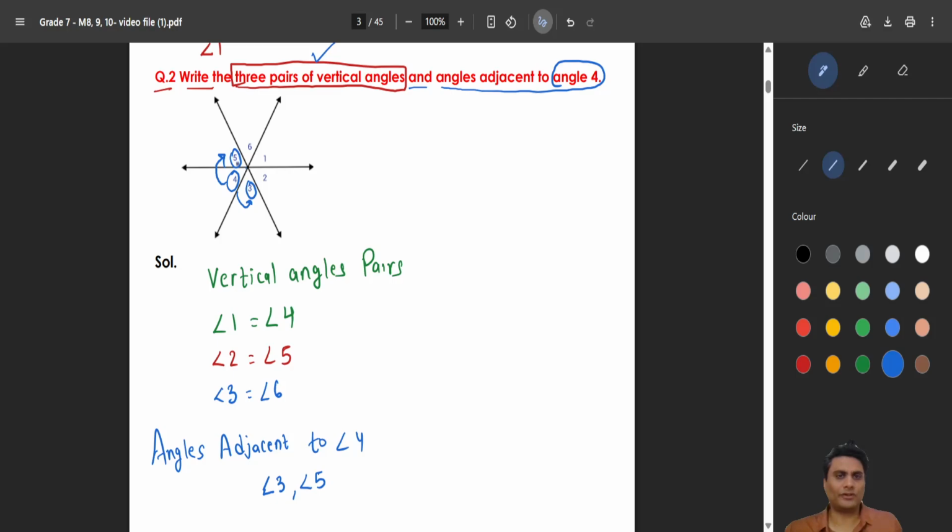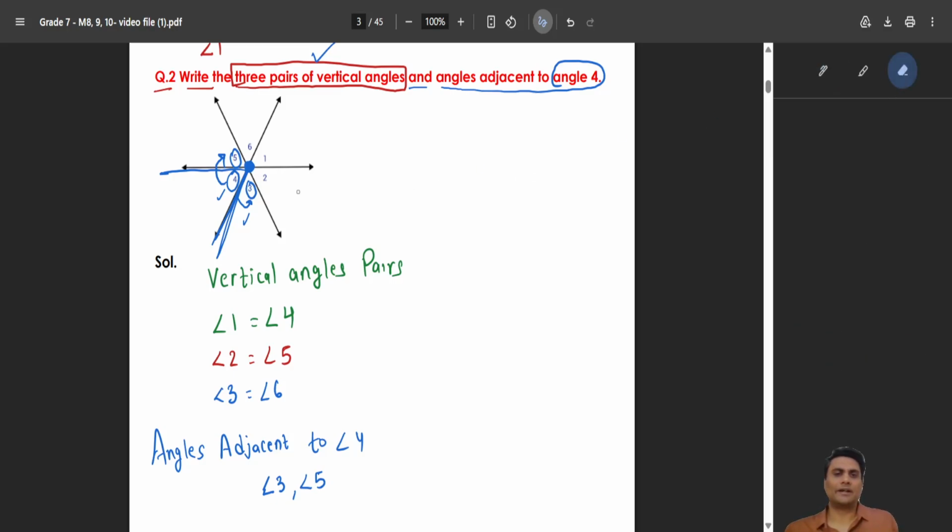If I see angle 4 and 5, they have a common vertex here and they have a common side also, correct? Similarly, if I see angle 4 and angle 3, they have a common vertex, the point from which the angles are coming, and they have this common line also. Yes or no? Common side. So angle 3 and angle 5 are adjacent to angle 4.